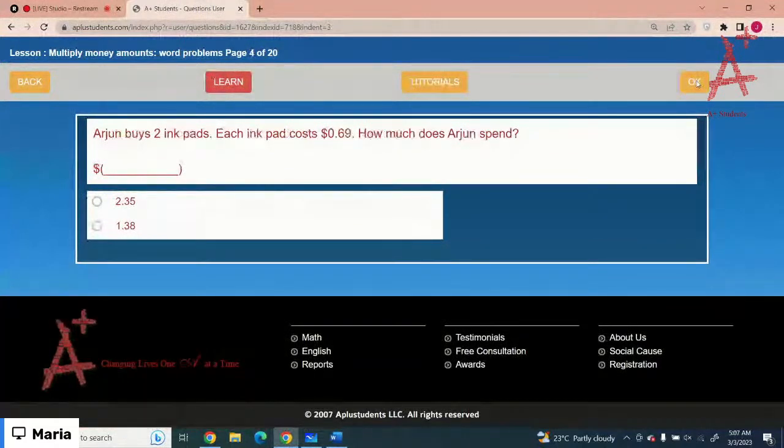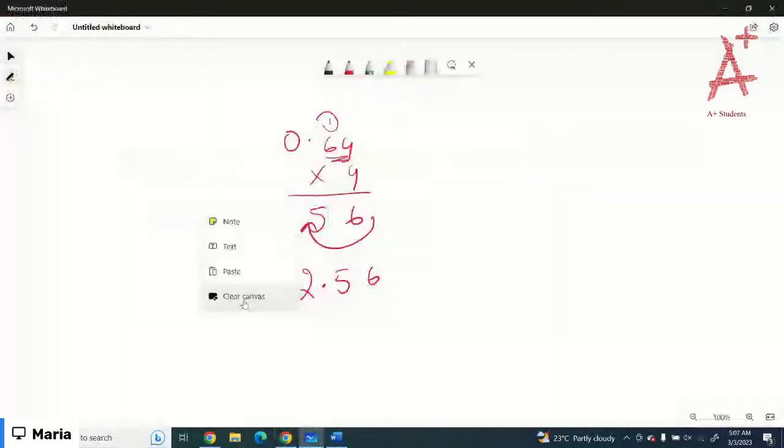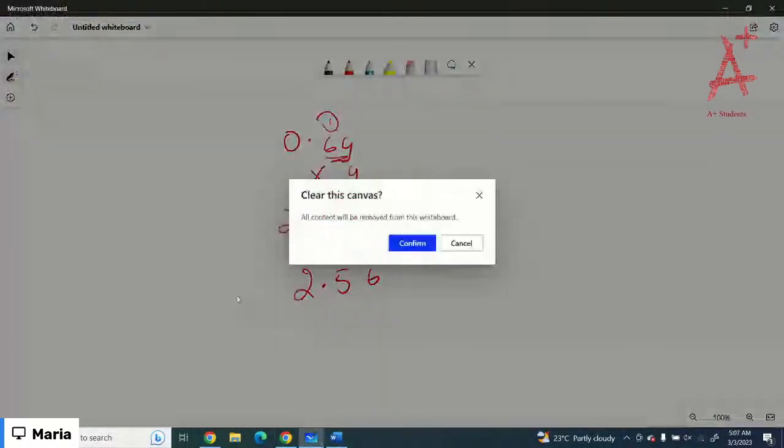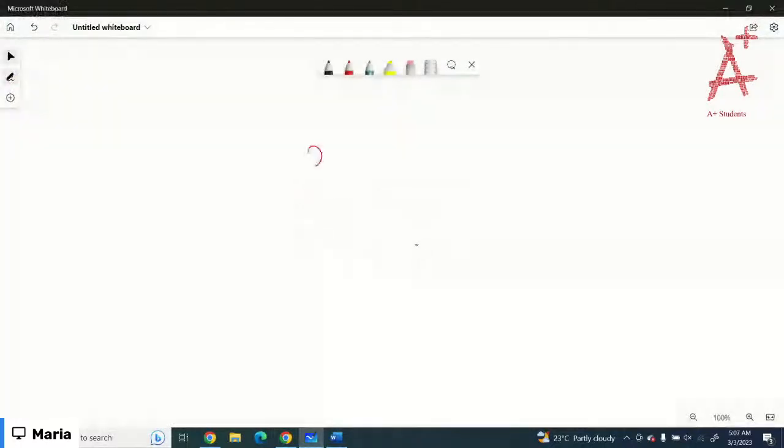Arjun buys 2 ink pads. Each ink pad costs $0.69. How much does Arjun spend? So you have to calculate the cost of 2 pads. You need to do 0.69 times 2. Got it? 2 times 9 is 18.